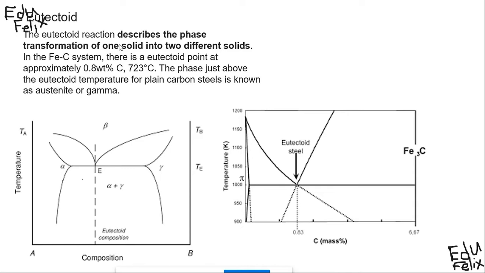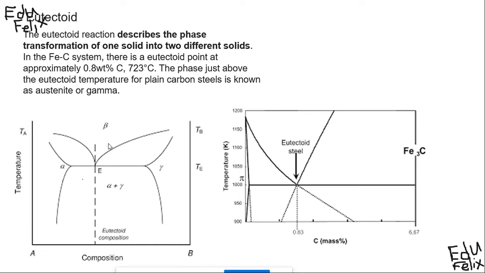Then the eutectoid I have described. The eutectoid reaction describes the phase transfer from one solid to two different solids, right? After that temperature, with the given composition, it has changed into two different solids. As like this, this is TA and TB. You can see the difference.